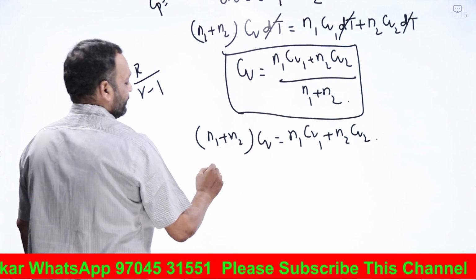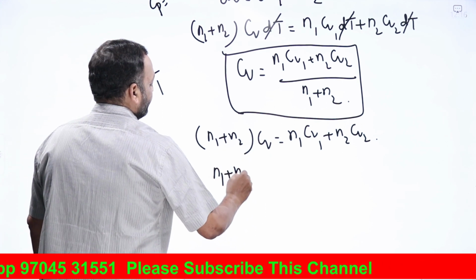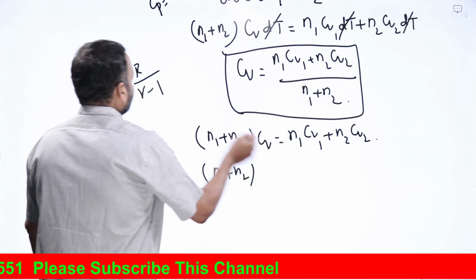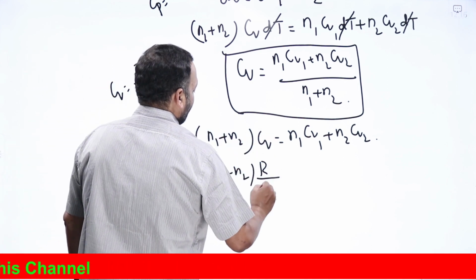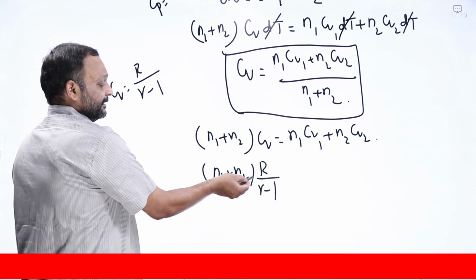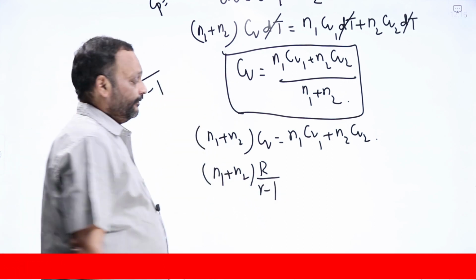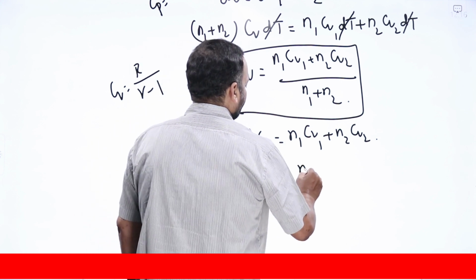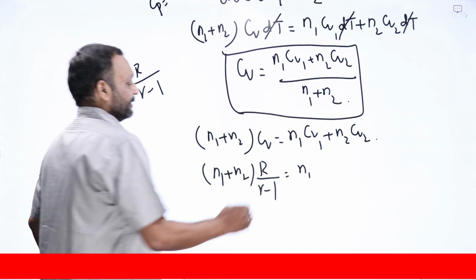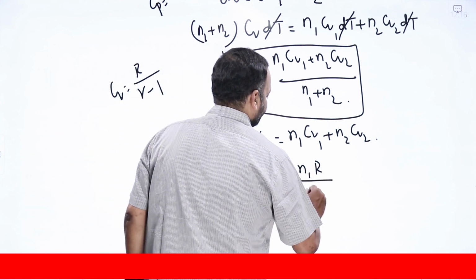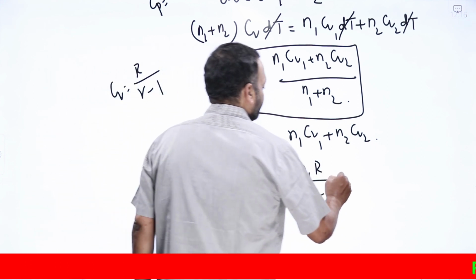So I'll substitute that value here: N1 plus N2 into CV, where CV of the resultant mixture is R by gamma minus 1, where gamma is the resultant of the mixture of gases, is equal to N1 into CV1, which I'll write as R by gamma 1 minus 1, plus N2.